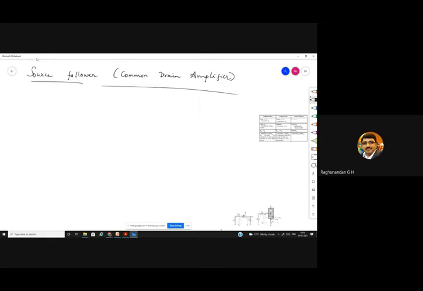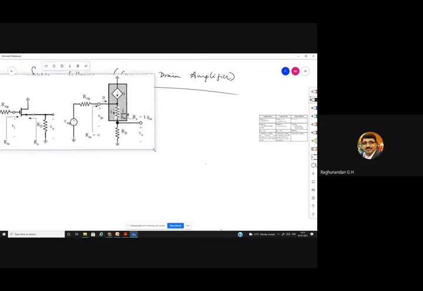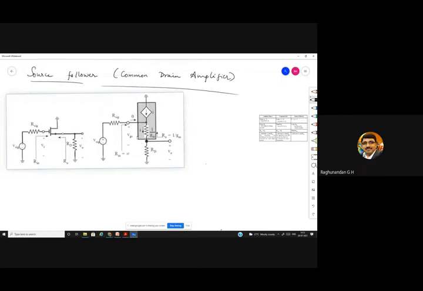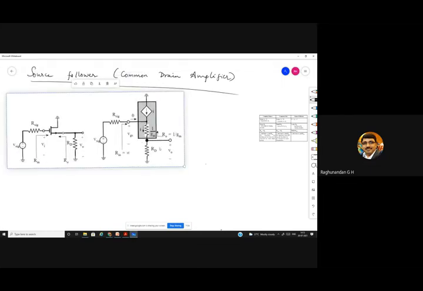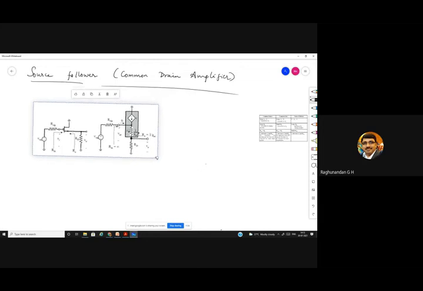So this kind of amplifier circuits can be used as a temporary storage device, or it can be used as a buffer just to add some delay to the signal. Other than this, this kind of circuits will not be useful for amplification purpose.